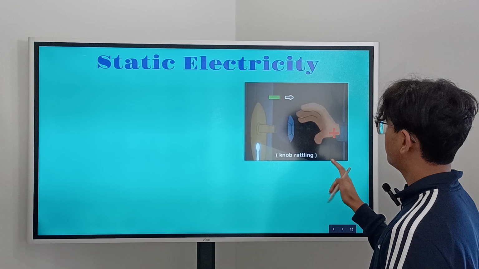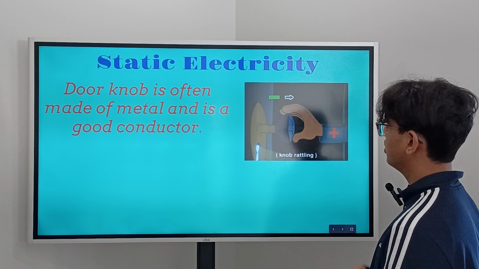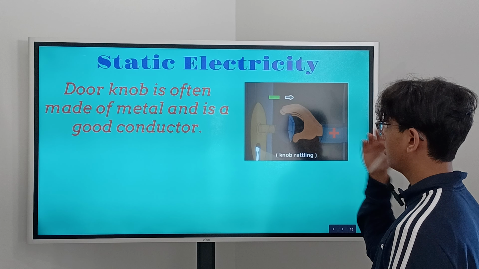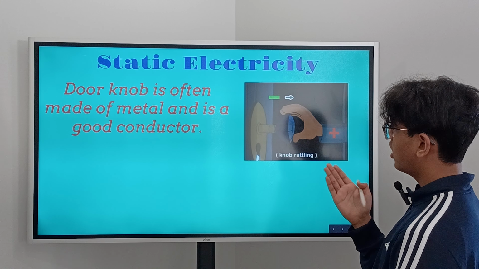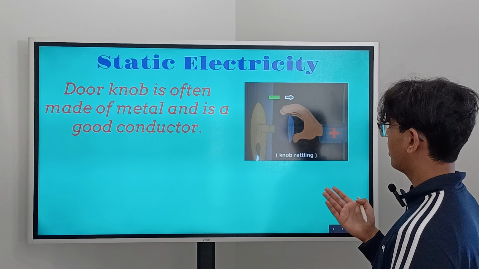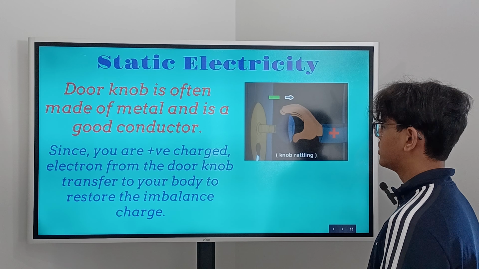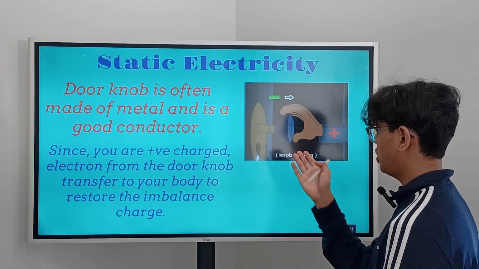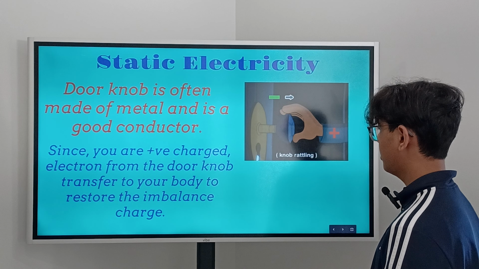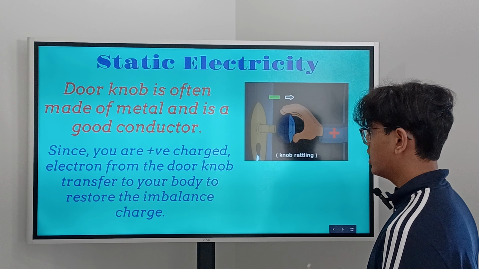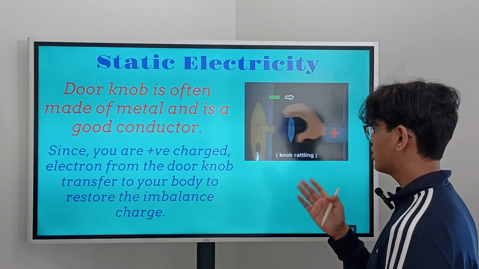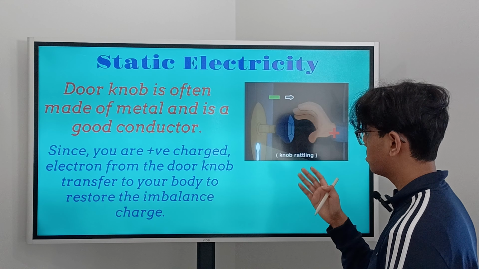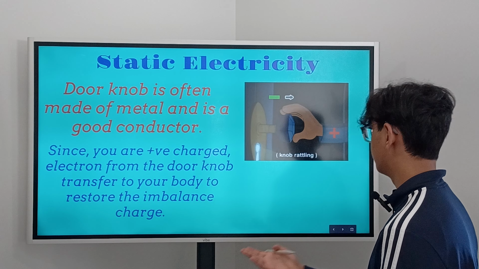Now, let's say that you get up and go over to your door. Doorknobs are often made out of metal, and they are really good conductors. Since you are positively charged now, because you shuffled your feet against the carpet and the electrons are on the carpet, as soon as you go to the doorknob to try opening it, the electrons from the doorknob will transfer to your body to restore the imbalance of charges.